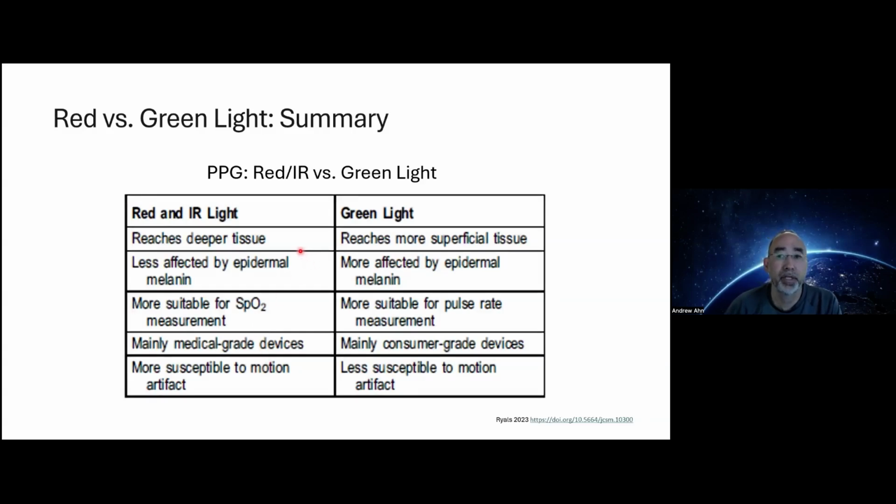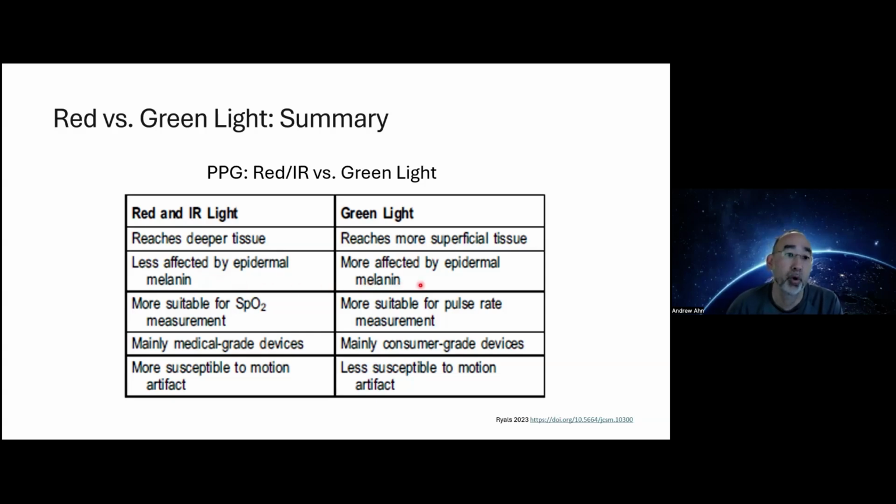And so I wanted to give you a quick summary of the differences between red and infrared versus green light. Again, red and infrared light reaches deeper tissue levels compared to the green. Red and infrared is less affected by epidermal melanin, if you recall the absorption versus the wavelength plot that I showed previously.